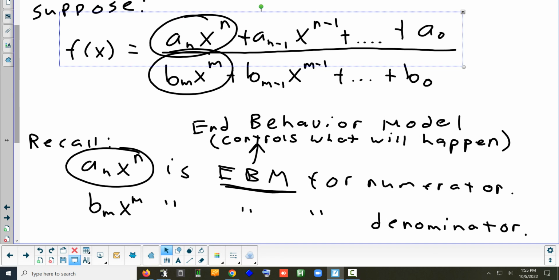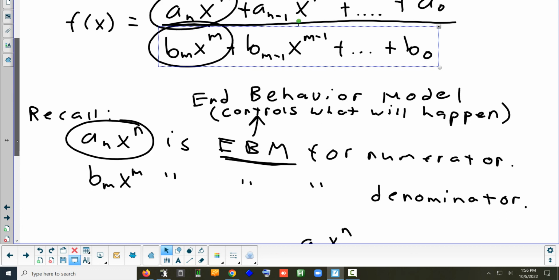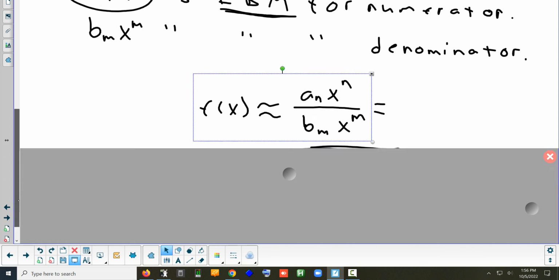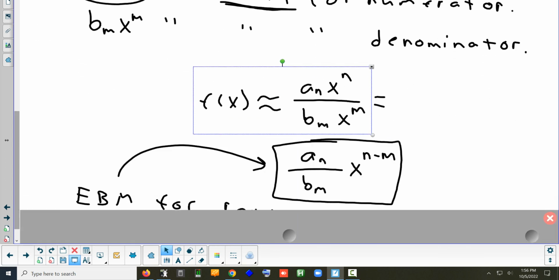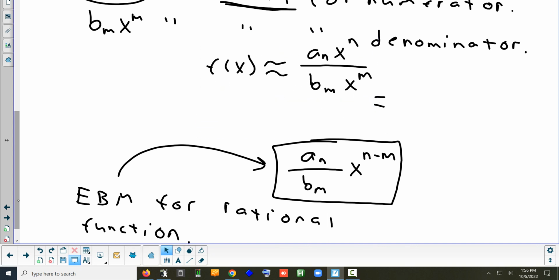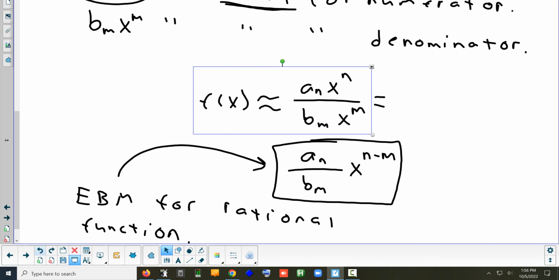So take the term in the top with the highest exponent. Take the term in the bottom with the highest exponent. And divide them. When you divide two things with the same base, what do you do with your exponents? Yeah, you subtract them. So if you wanted to divide these two things, you'd take whatever number is in front, divide the two numbers, and then subtract your exponents.